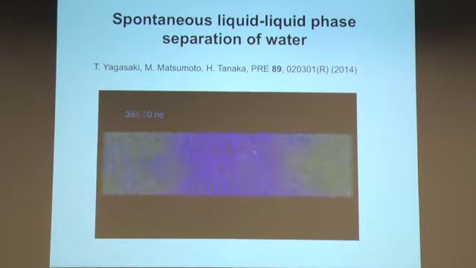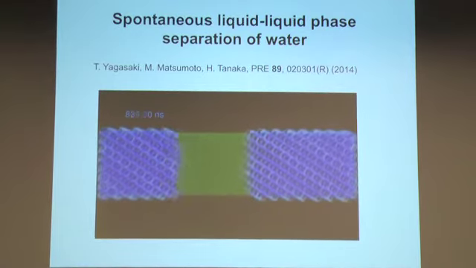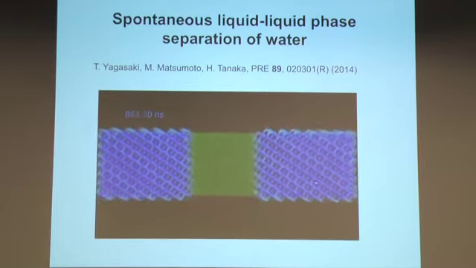And eventually, let's see, this thing goes on. So you see here, this is 400 nanoseconds. Eventually, at some point, some bigger nuclei will start to form, and after 600 or 700 nanoseconds, you see that ice starts forming, and what you see here now, there is ice, and eventually you get all this ice over here.